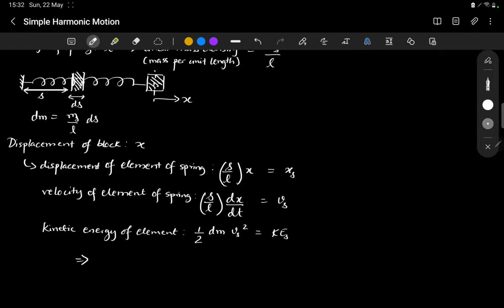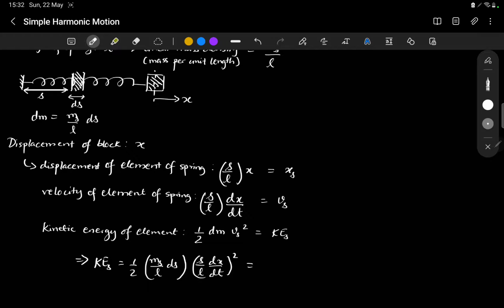We can substitute the values of dm and v of s to give us the kinetic energy of the element equal to half times ms over L ds times s over L dx by dt whole squared.